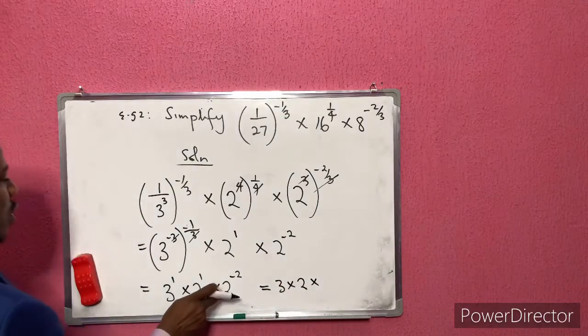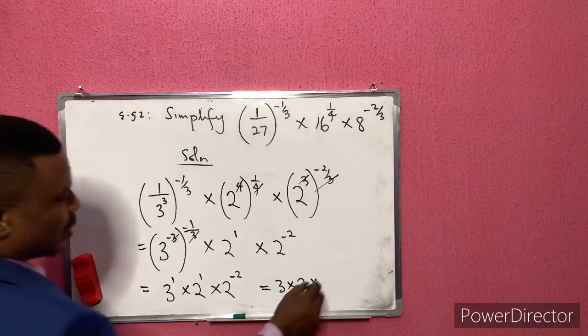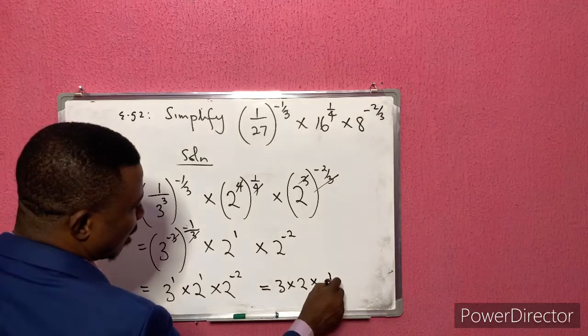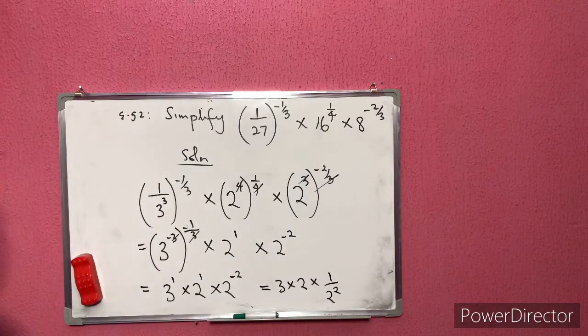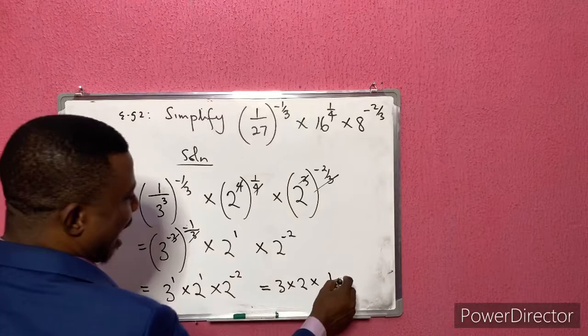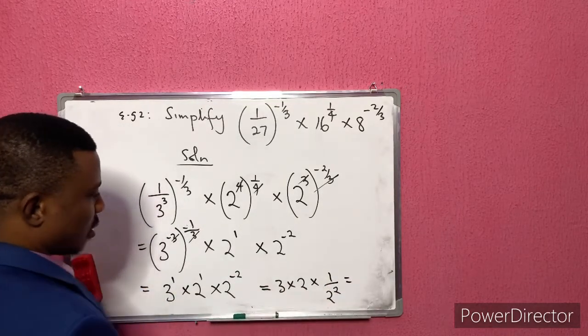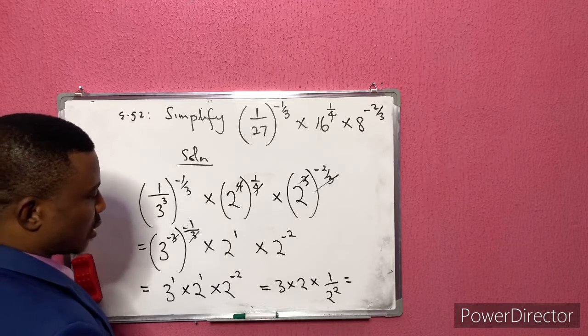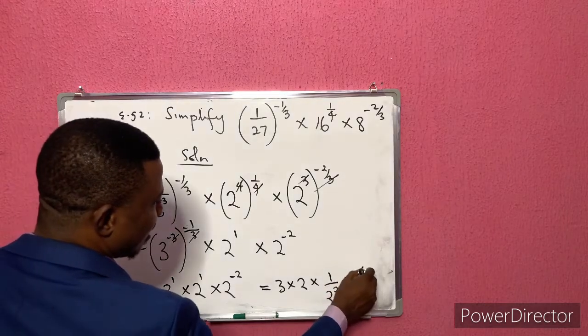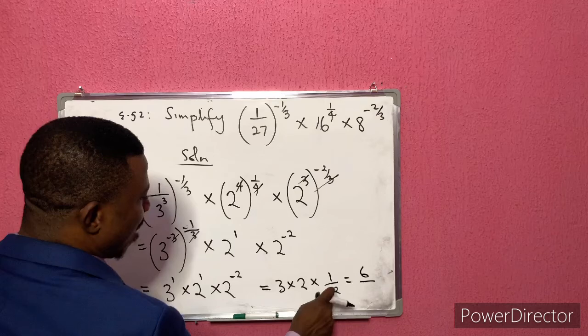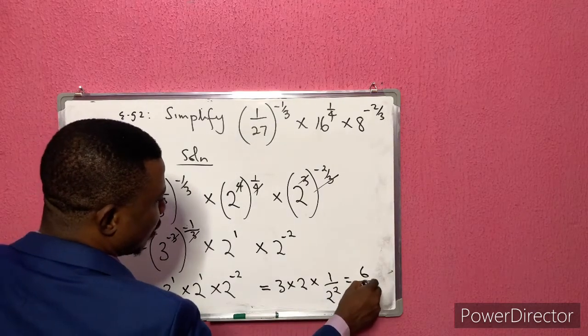What is 2 power minus 2? Reciprocal of 2 power 2. Very easy. So we will have 2 times 2... gives you 6 all over 2 power 2, 4.